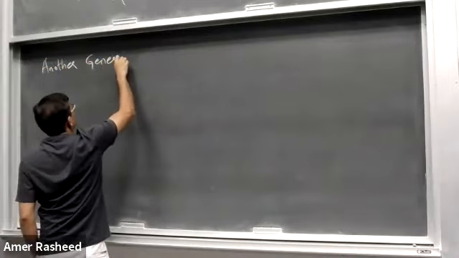Some other notations, dy by dx can be written as y dash. I hope you know it already. And we can also write it, what other forms are there, we can also write it as Dy. Okay, dy by dx you can also write as Dy.